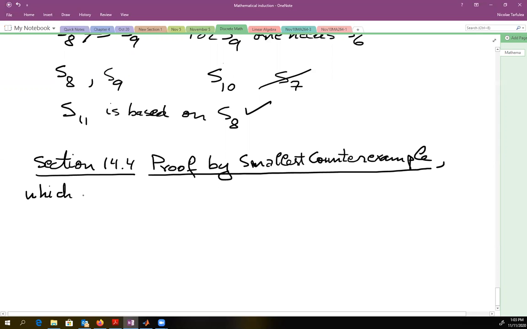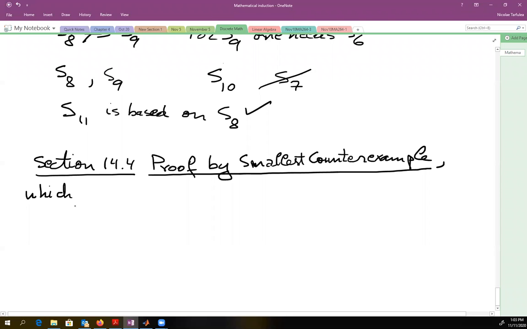Smallest counterexample. My handwriting, maybe, which is a hybrid of induction and proof by contradiction.